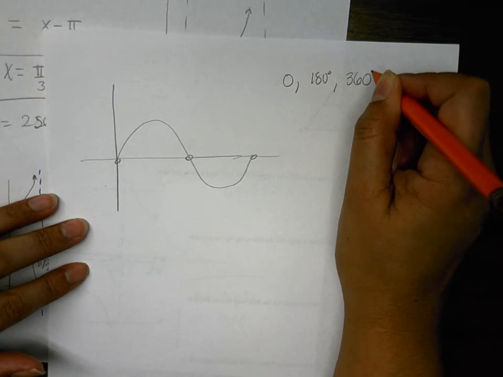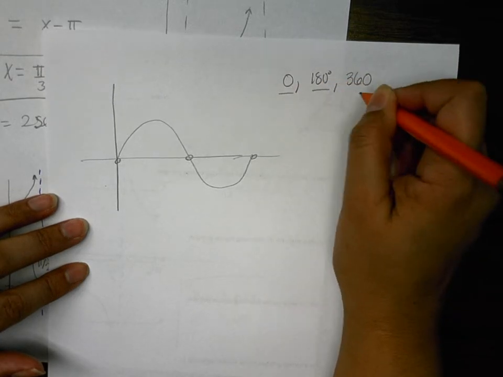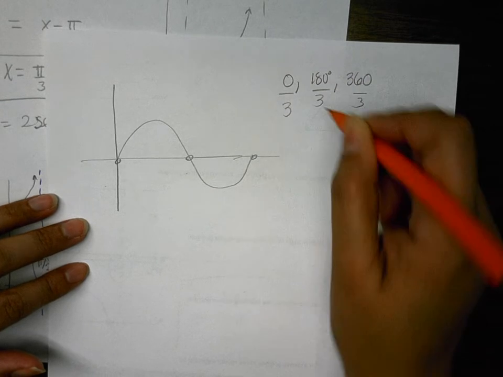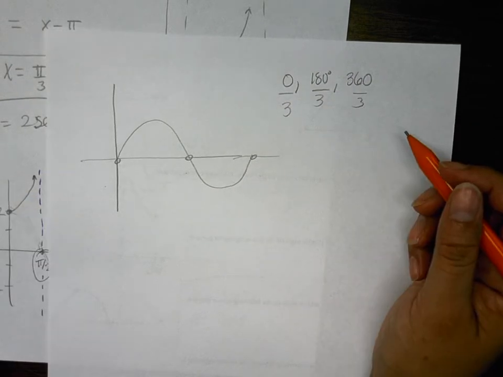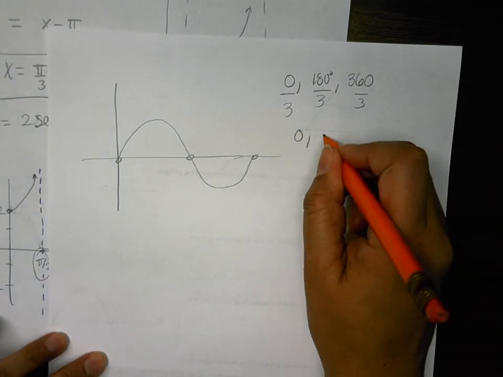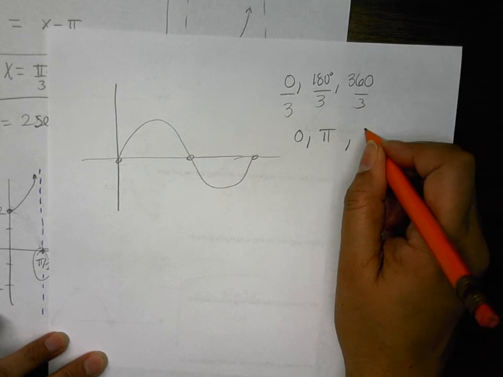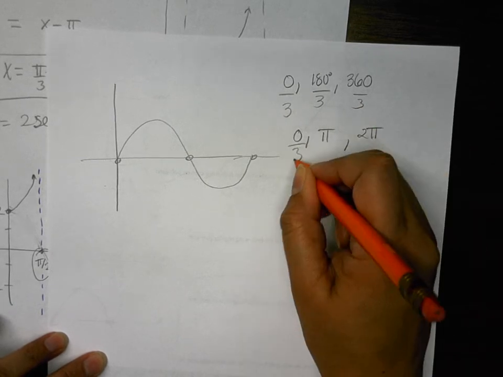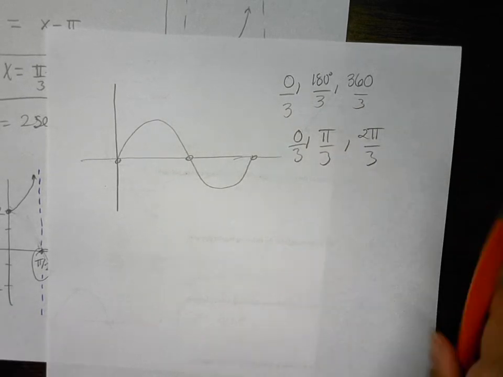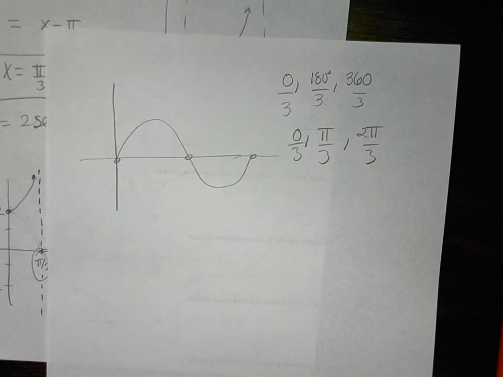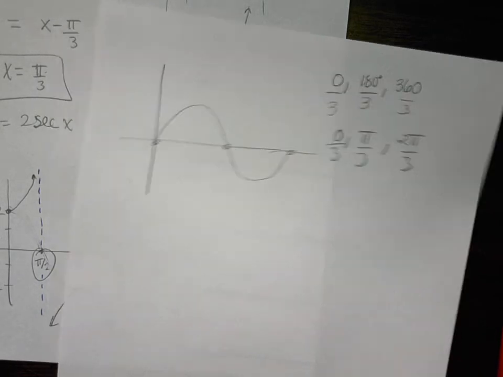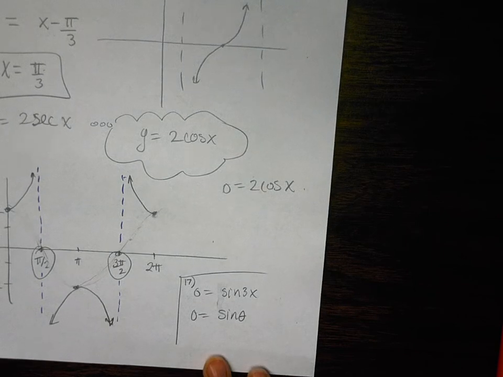You got 0, 180, and go all the way to the end again. It would be 360, and then divide them all by 3. So it would be 0, 180 is pi, and 360 is 2 pi, and divide them all by 3. And that should be your answer. Oh, okay. Did it work? Yeah. Okay. All right, any others?